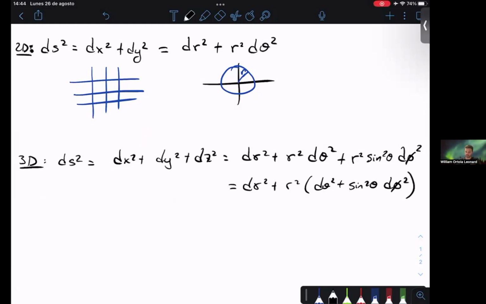And actually, this term right here is what is defined as the solid angle. So dr squared plus r squared times the solid angle, okay? And this is what we're going to call d lambda.